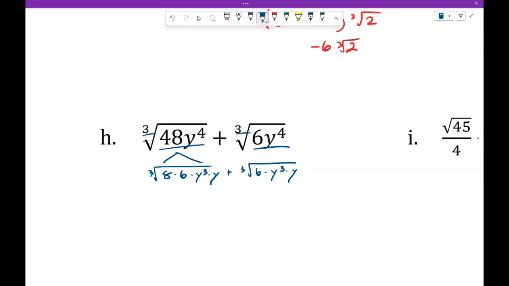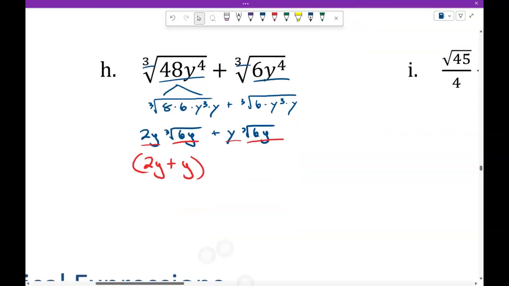So now we'll have 2y cube root of 6y plus y cube root of 6y. And since we have like radicands now, we can go ahead and add their leading coefficients. 2y plus y equals 3y cube root of 6y.